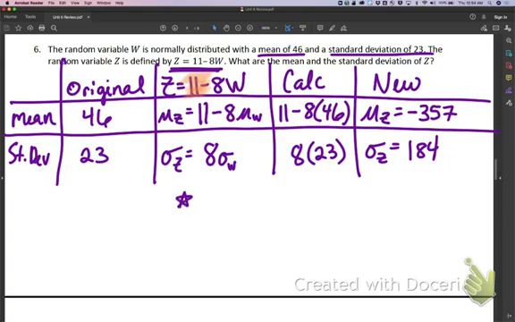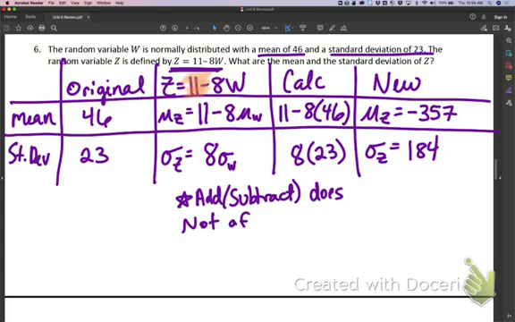So again, I'm just going to write a little note here that addition and subtraction does not affect standard deviation. So that is why you do not see that 11 minus on that standard deviation row.